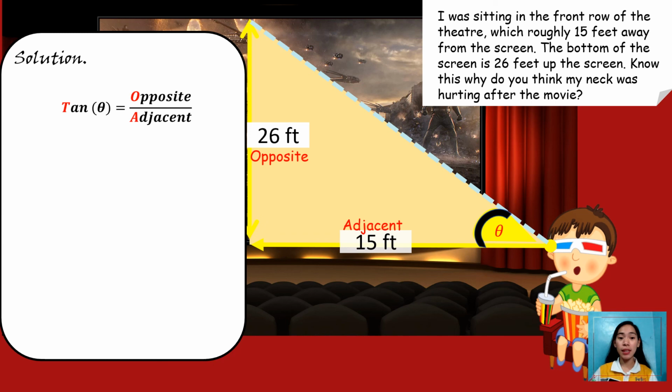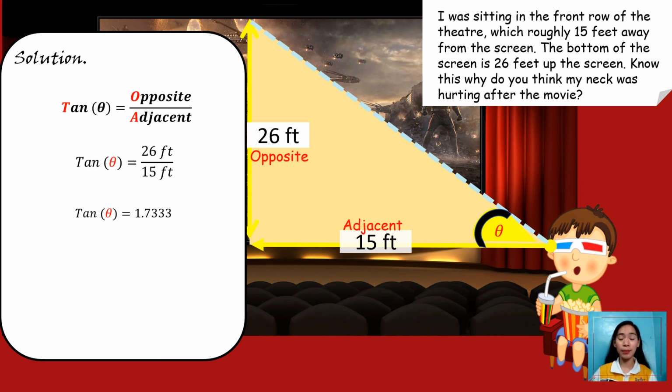Now let's substitute the given values. So tangent theta is equal to 26 feet divided by 15 feet. So using a scientific calculator, we can have tangent theta is equal to 1.7333 and so on. So next step is we're gonna multiply both sides by arctangent.